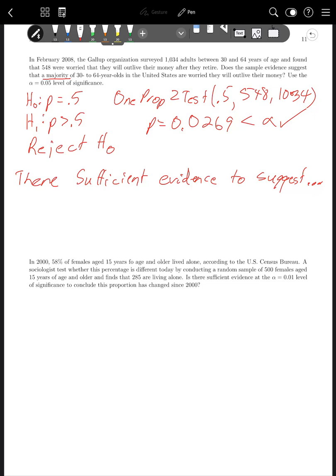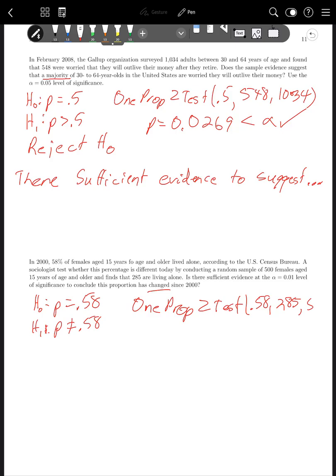since 2000? Okay, so H naught is that P equals 0.58. H1, we're testing that it has changed, so that would be P does not equal 0.58. So we're going to do one prop Z test of 0.58, comma, 285, comma, 500.